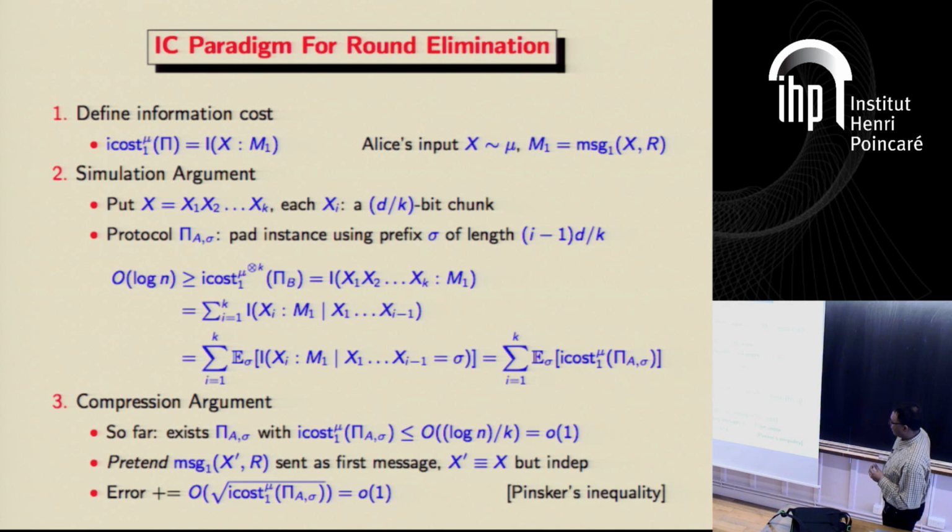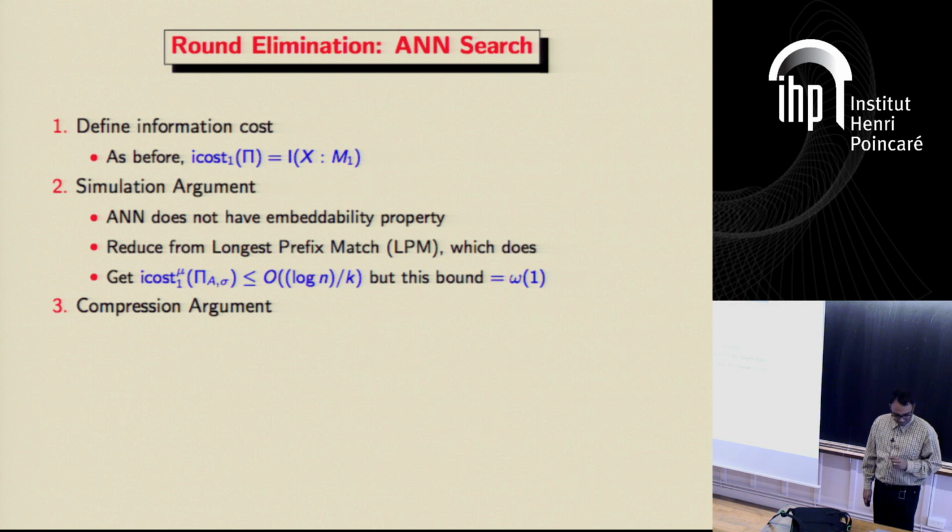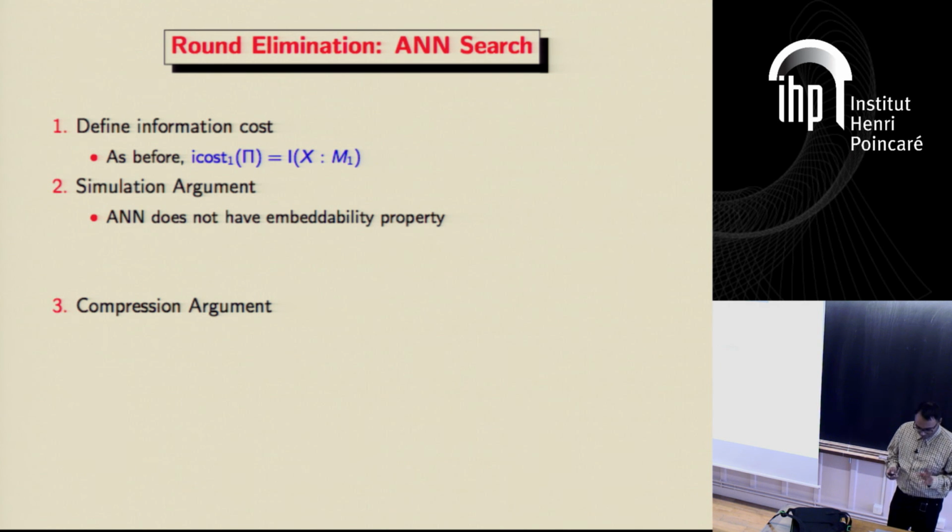The square root comes from Pinsker's inequality in information theory. So the net result is we have removed one round, and we've therefore applied the scheme of round elimination that I was showing you earlier. That gives us lower bounds on the query time as before.